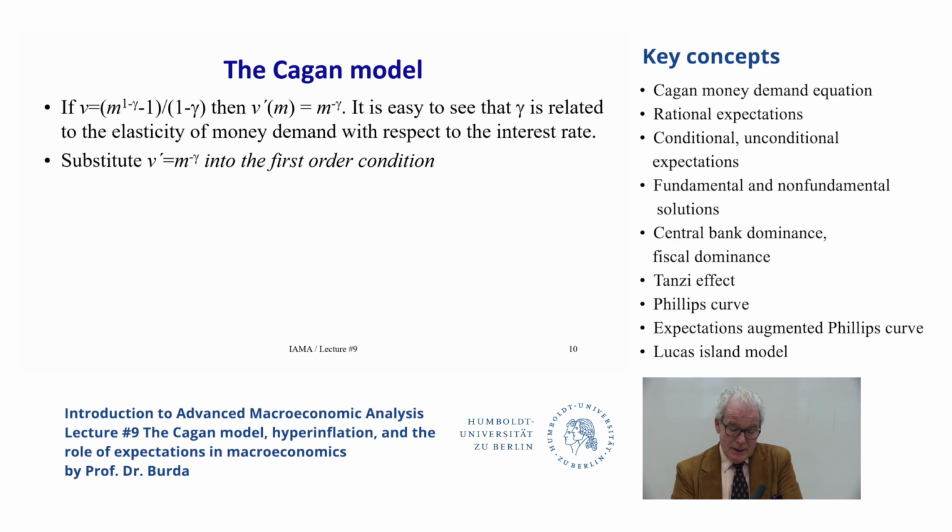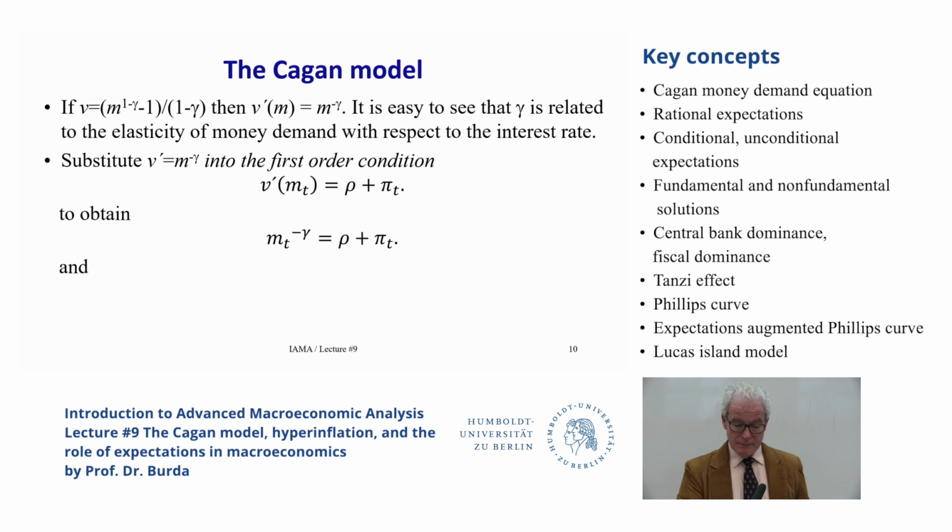If you substitute into the first order condition that we had in the Sidrauski model, we end up getting the condition that the marginal utility of holding real balances is equal to that opportunity cost that I just said. And if you substitute our assumed isoelastic formula for the subutility of agents over real balances, the first derivative of that function is equal to m raised to the minus gamma.